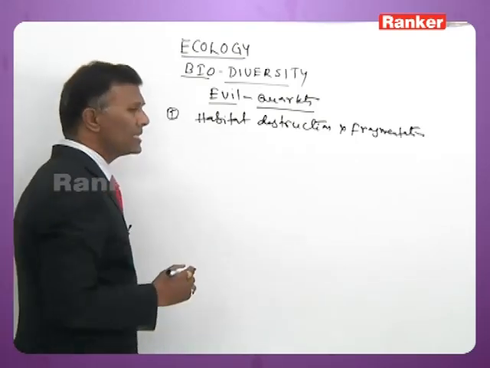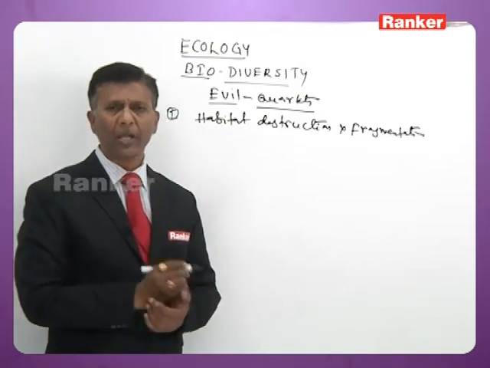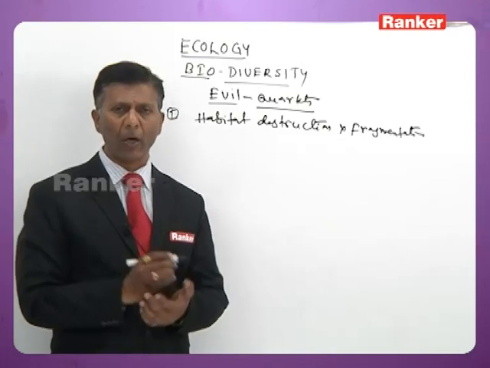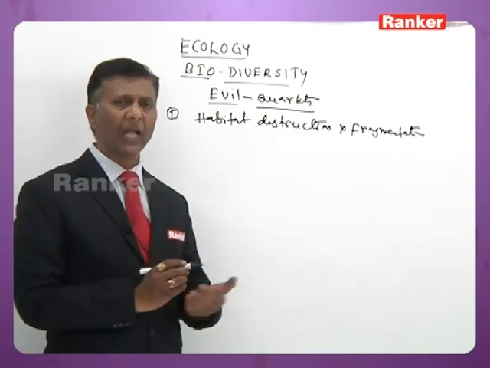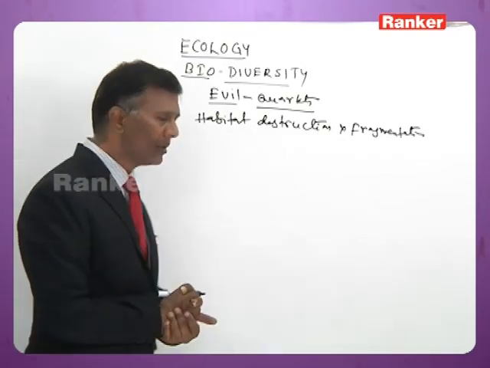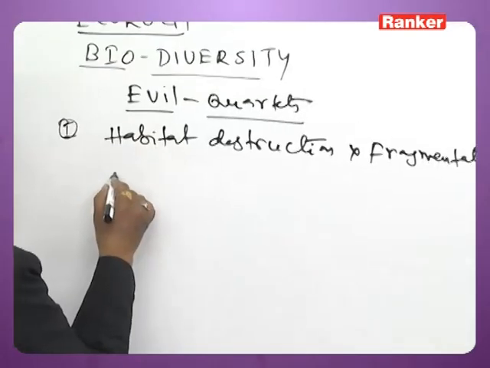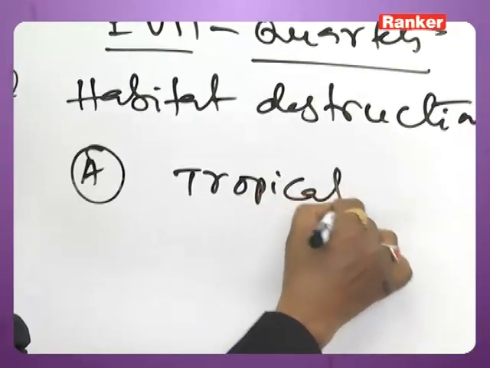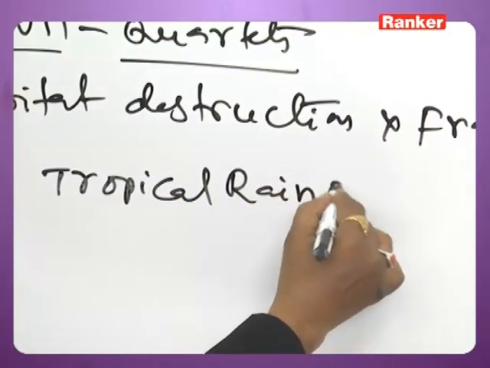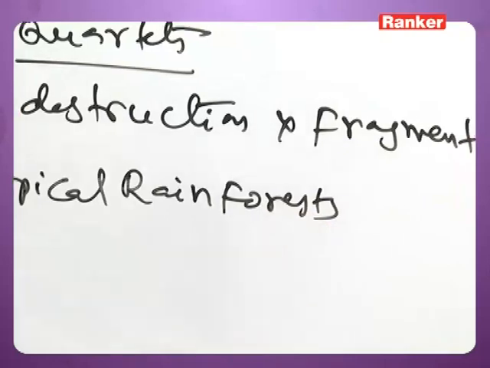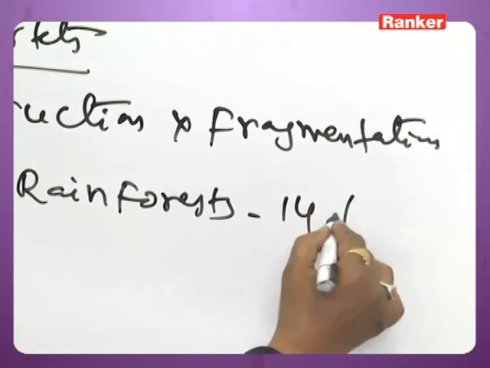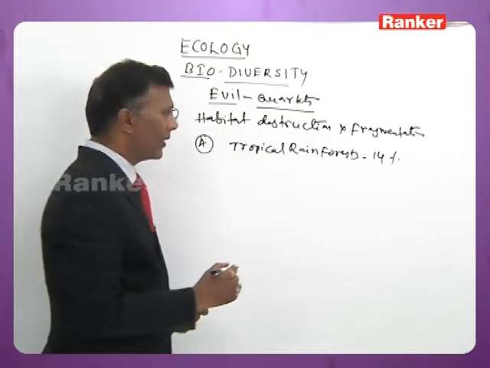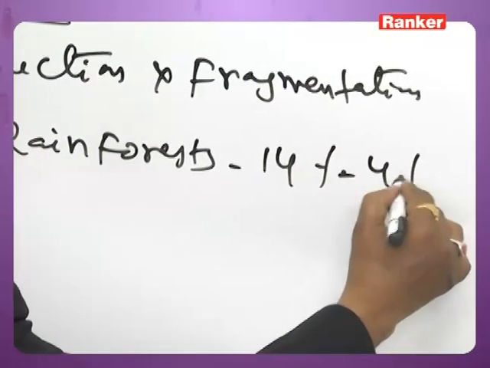Now, because of the increase in the size of the population, rapid industrialization, increased automobiles and all the other needs, there is large scale destruction of the habitat. For instance, tropical rainforests, once they were occupying 14% of the entire globe, because of the habitat destruction now it is reduced to hardly 4%.